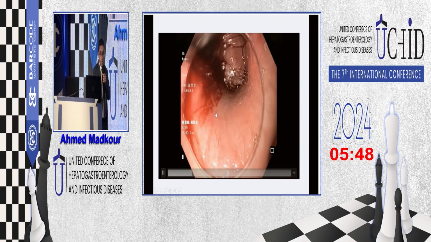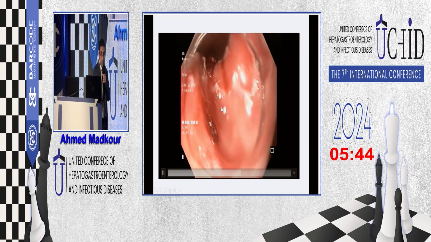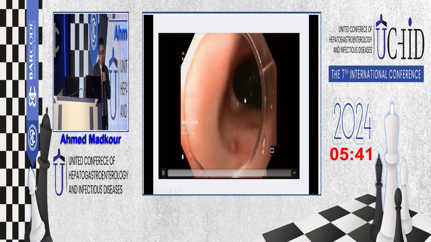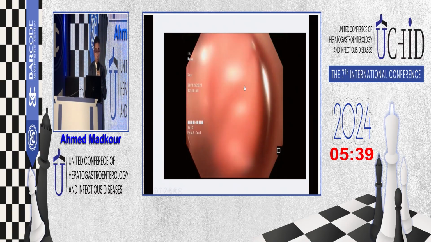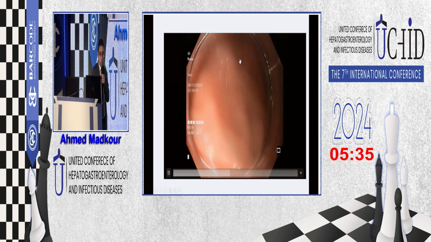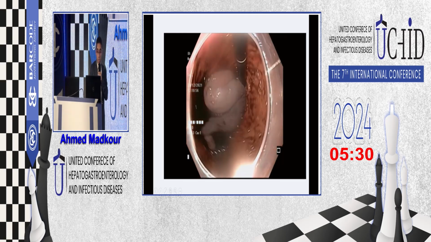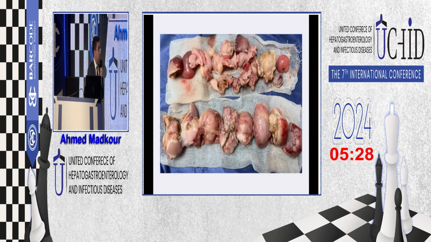We can see here the lesion stuck in the esophagus after we resected it, and we pushed the lesion to the stomach. Here, when we are in the stomach and go for retroflexion, we can see this huge lesion. We took it out piecemeal, and that was the lesion.